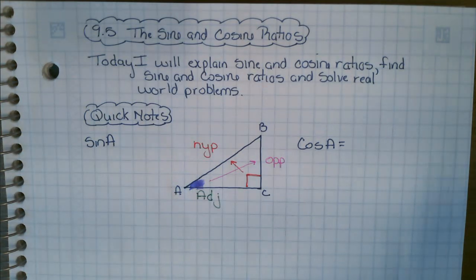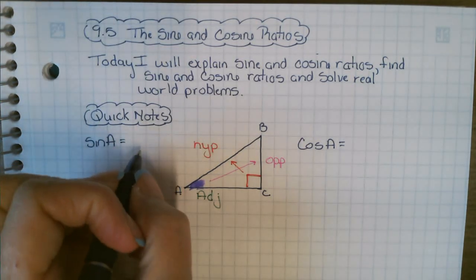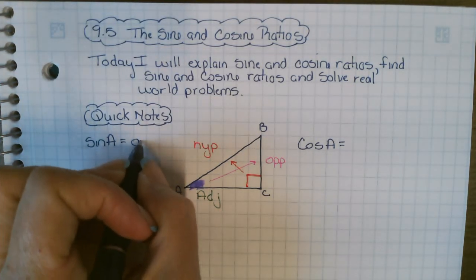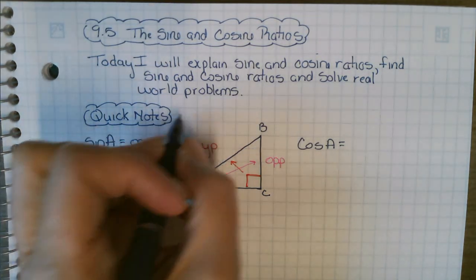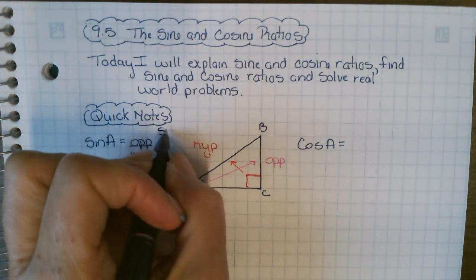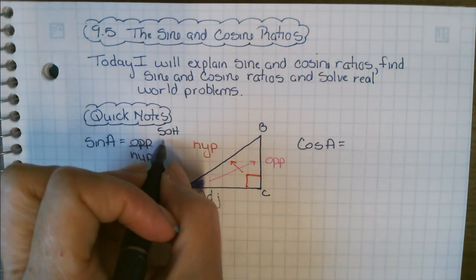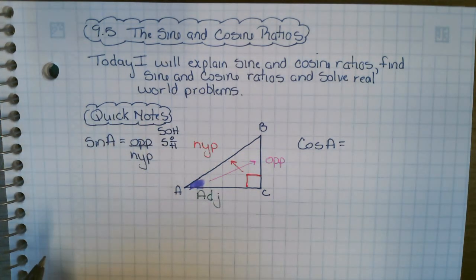When we learned last week, we learned that sine was opposite over hypotenuse. That was the first part of SOHCAHTOA, the SOH. I like to write it as SO over H like that.